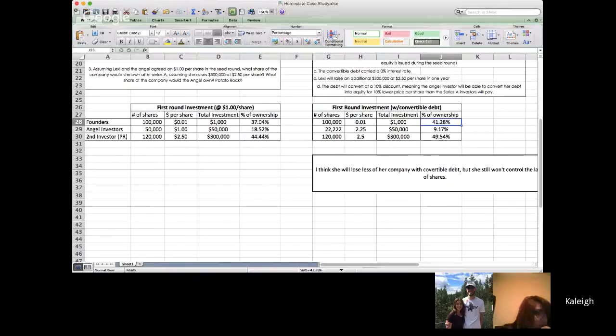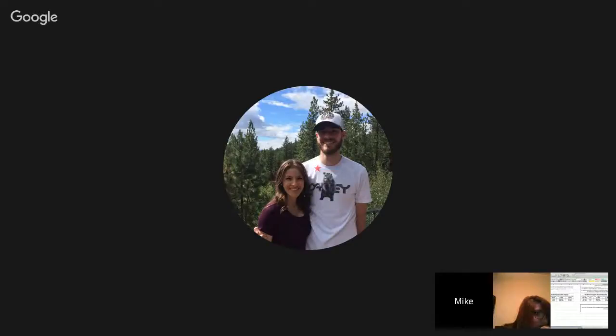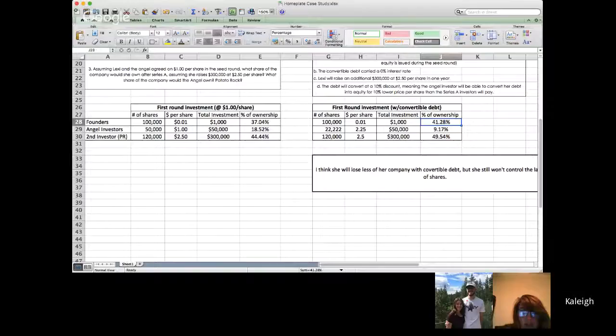I guess it's just scary to me because she doesn't even own 50% of her company. Yeah, I don't think I would ever do a deal that would make that the case. Because she could totally, that other place essentially owns her company. They own the majority of shares.